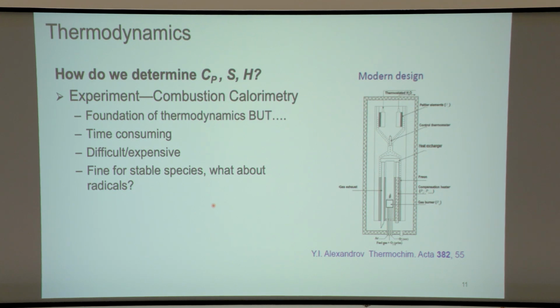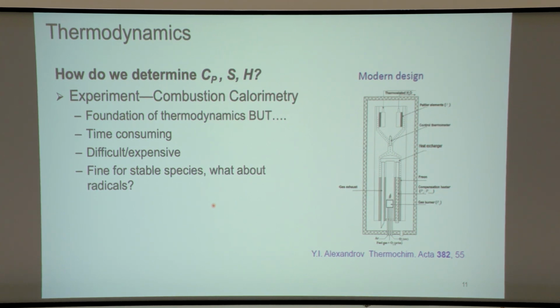So these experiments were good in the sense that they laid the foundations of how we determine these things, but even in the 50s, scientists started to think about what can we do to predict thermal data for all these complex reaction mechanisms that were coming about.